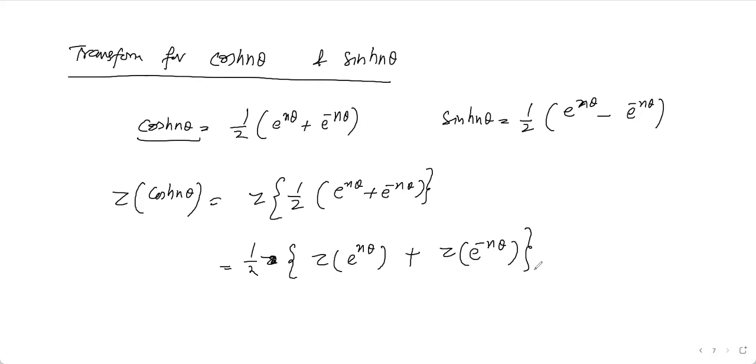Let us solve this further. Now this is half of z by z minus e to the power of theta plus z by z minus e to the power of minus theta.